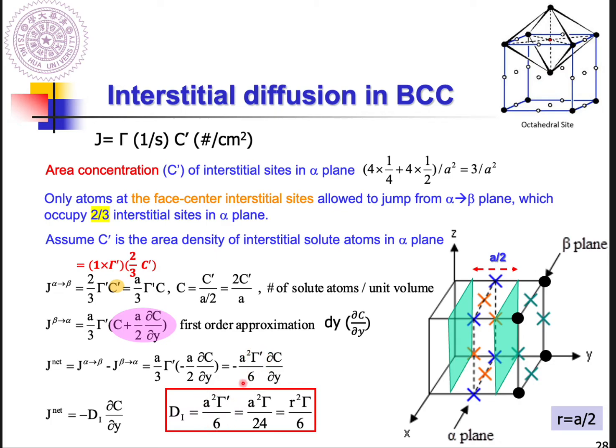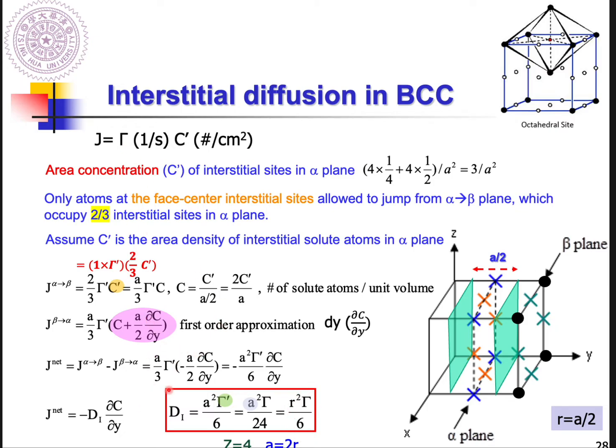Some people may want to convert gamma prime to gamma, so you use the same Z equals 4. Then A, some people want to convert it to r, so you can get the result here. The result is the same as the previous slide, which we derived using the equation. The result is the same, but the method is different.